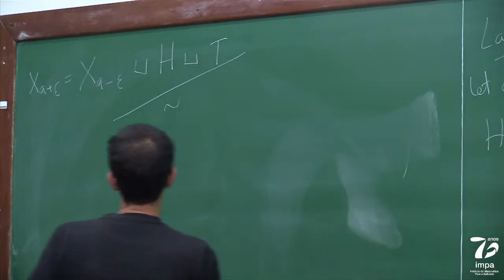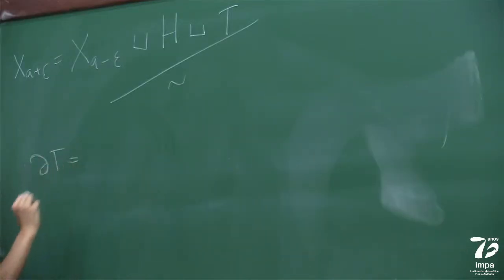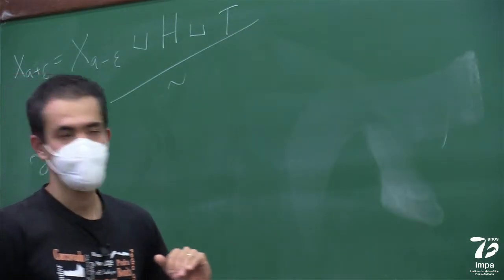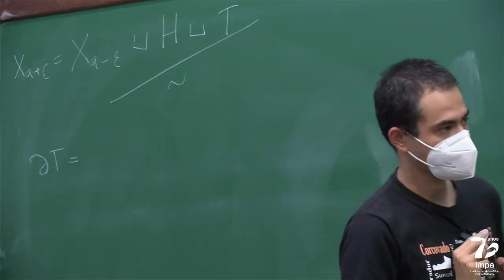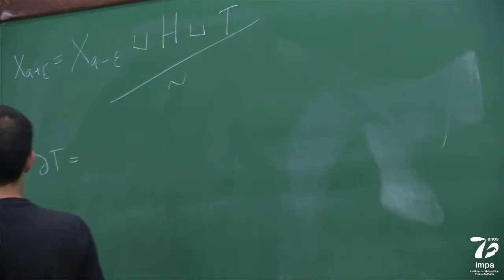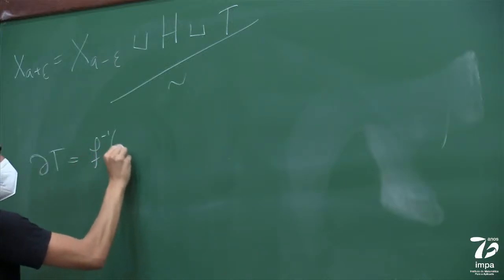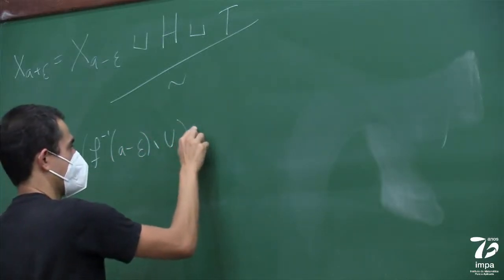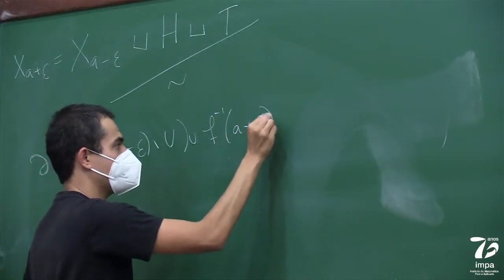When you look at the boundary of H, I already described it has three pieces. And what's the boundary of T? Well, the boundary of T also has three pieces, because you have this part here, this part here, and this part here. So basically the boundary of T has the pre-image of a minus epsilon minus u, union the pre-image of a plus epsilon minus u.